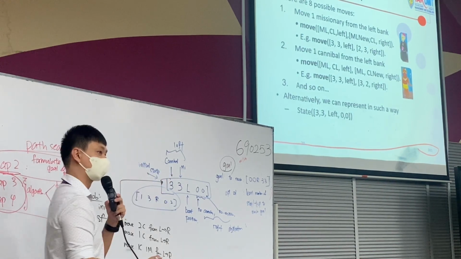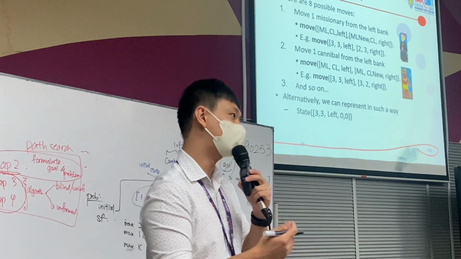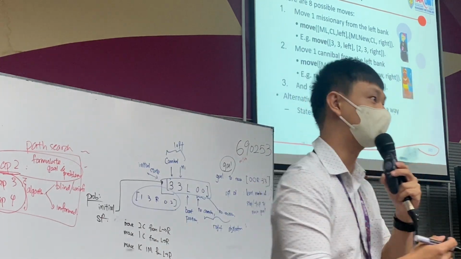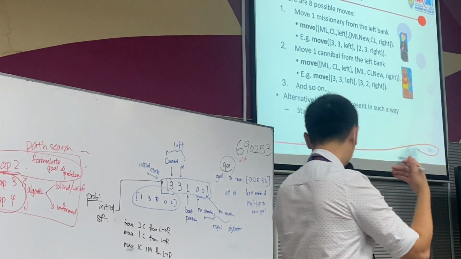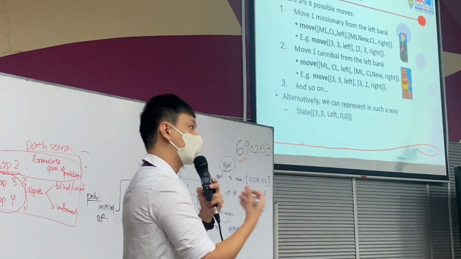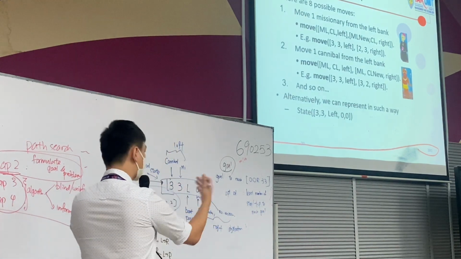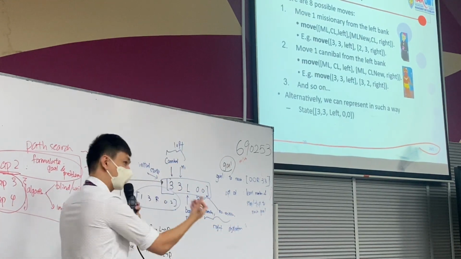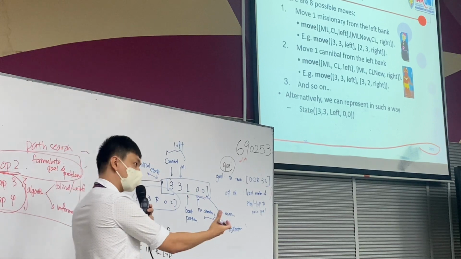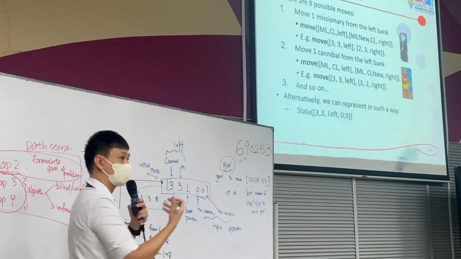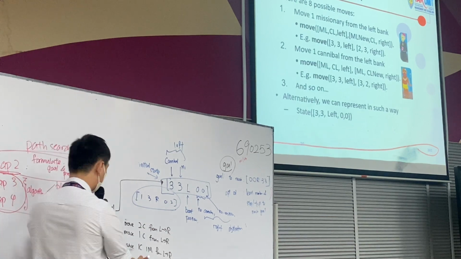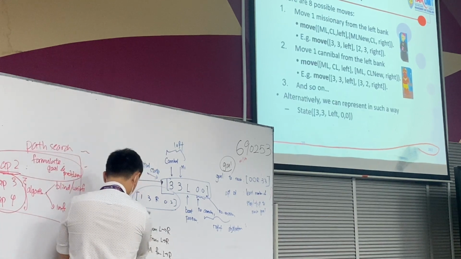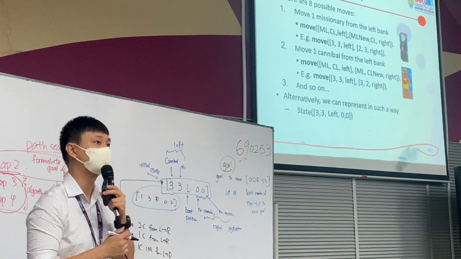What else? Move one missionary from left to right, move two missionaries from left to right. You can also say move two cannibals from right back to left, move one missionary and one cannibal from right back to left. Those will also be your successor functions. So you have to list out all the possible movements in this case.